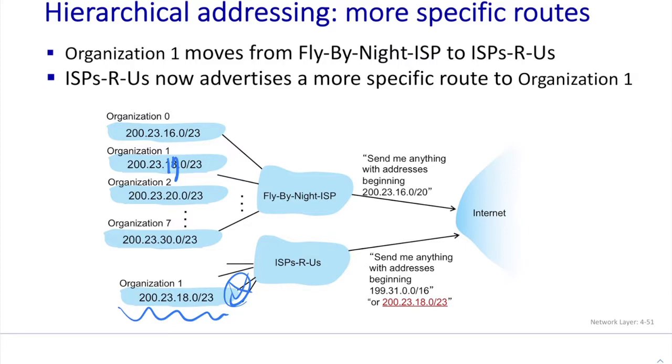For example, 16 represents organization 0 and 17 represents organization 1, and you can simply put the subnet under another ISP or at another geographic location. It is okay because those IP addresses are not necessarily located at the same location.